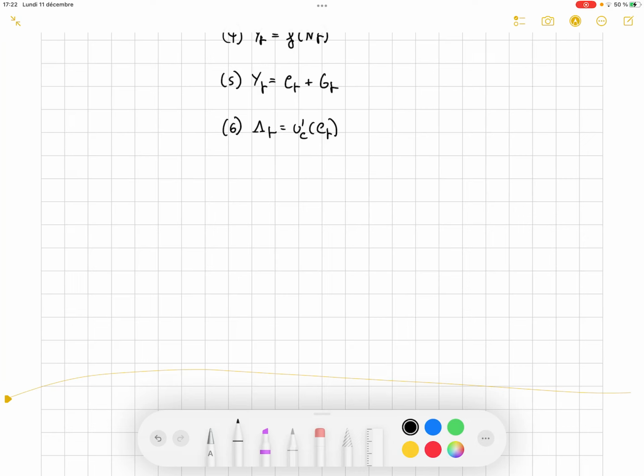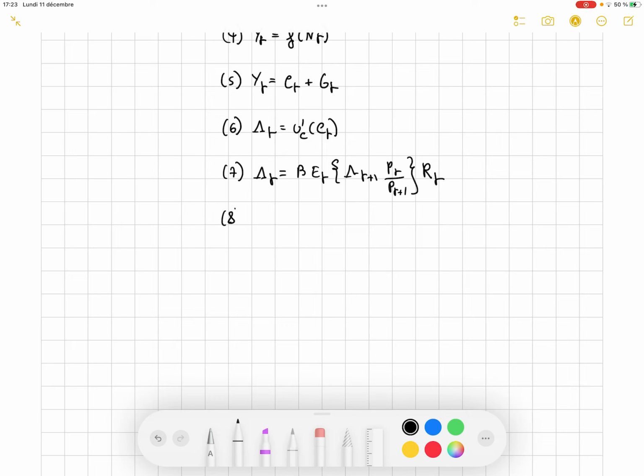And what we can add now is the other marginal condition coming from our bonds market, our asset. So this was that the marginal utility of consumption must be equal to beta multiplied by the expectation on the consumption at the next period multiplied by the inverse of the inflation rate multiplied by the real interest rate.